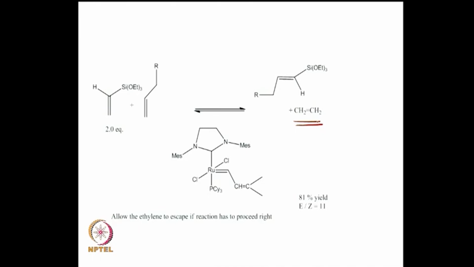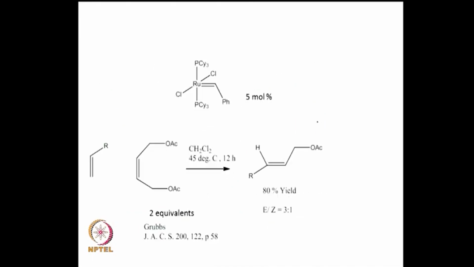So, in all these cases, the amount of ethylene that was removed from the reaction mixture was the key for pushing the reaction from left to right and generating the product that was useful.